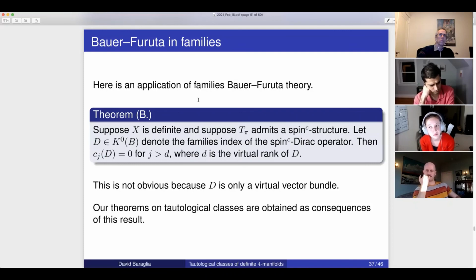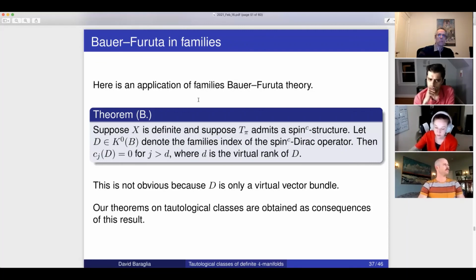So then you can actually take stabilization of X, right? So what happens if you take connected sum with S2 cross S2? Oh, well then as soon as you take even one stabilization, you're not definite anymore. So unfortunately, it just sort of breaks down immediately.